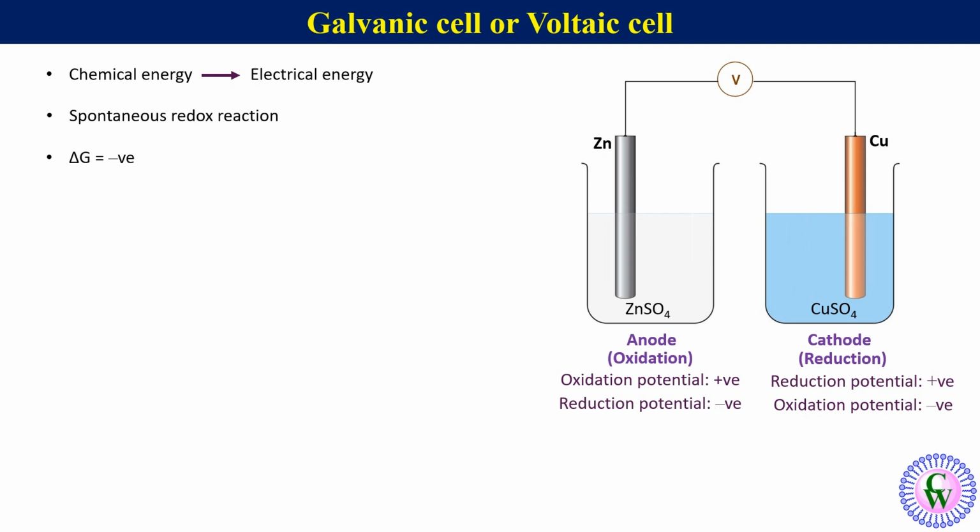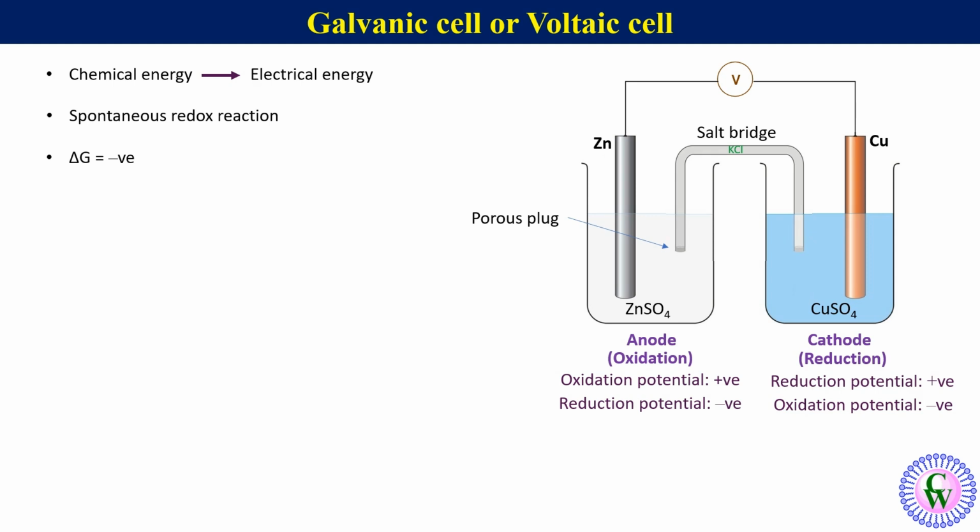The two half cells are connected together through a U-shaped tube filled with electrolytic gel like agar and KCl or KNO3 called salt bridge. At the end of salt bridge, there is a porous plug that allows ions to flow through but prevents the mixing of two half cell solutions.